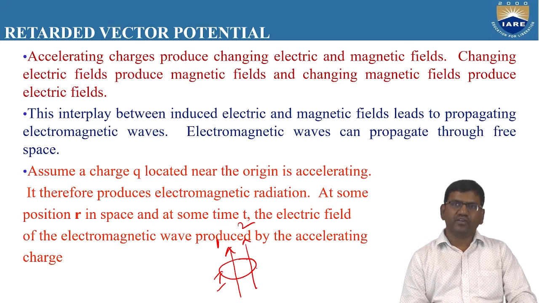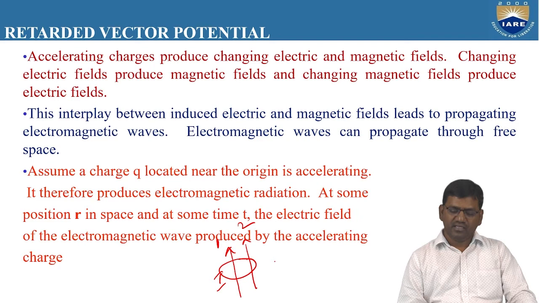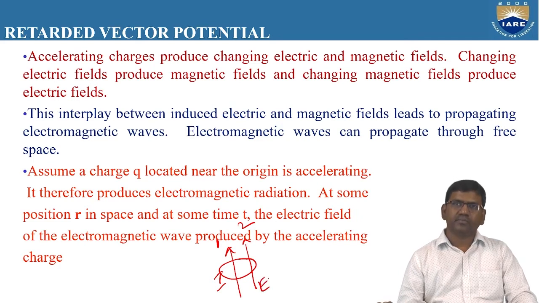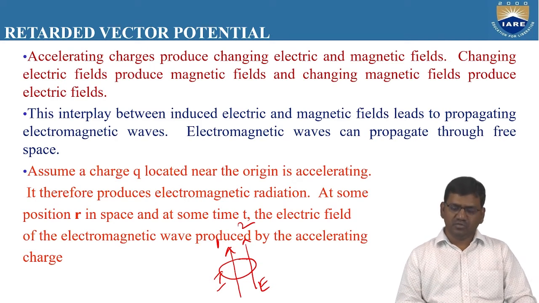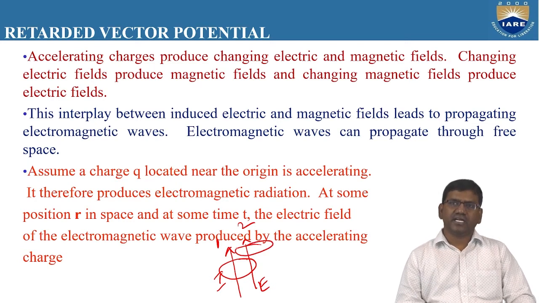Due to the magnetic field produced by the current element 1, some electric field is induced in the current element 2. Due to this induced electric field, again some magnetic field is produced around conductor 2.